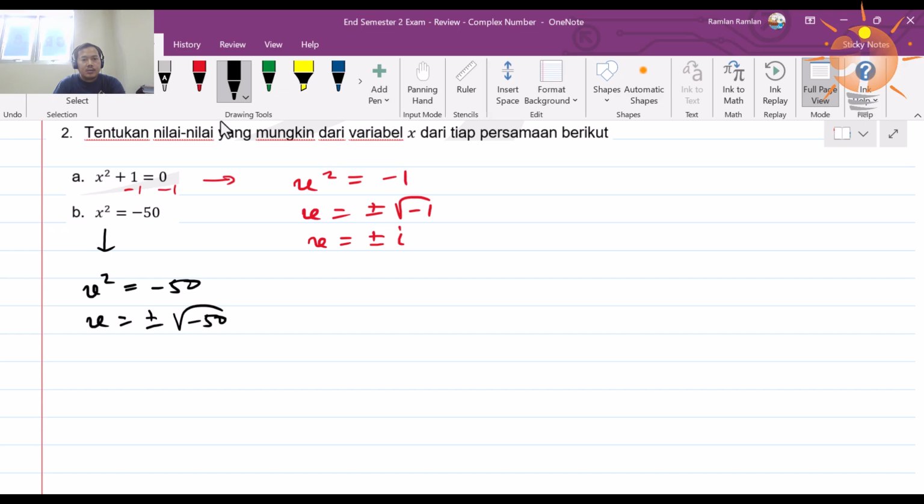You can split this up into a multiplication of numbers, for example with a perfect square. 50 is 25 times 2, but remember that this is a negative, so we multiply by -1. If you split everything, we have plus minus the square root of 25, which is just 5, the square root of 2, which is just the square root of 2, and the square root of -1, which is i. So there you go.